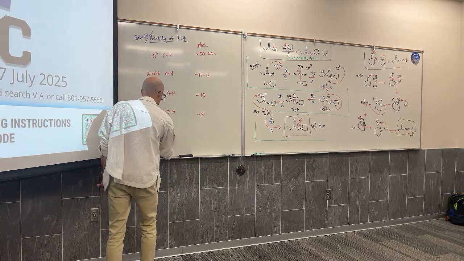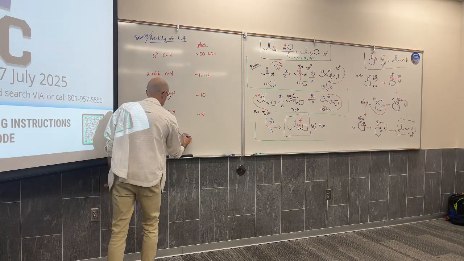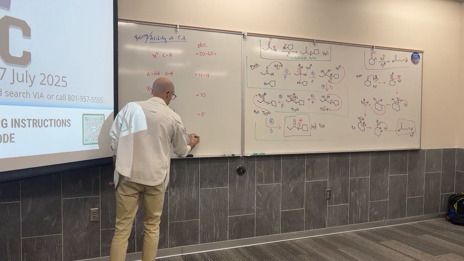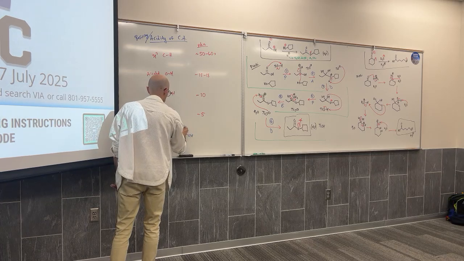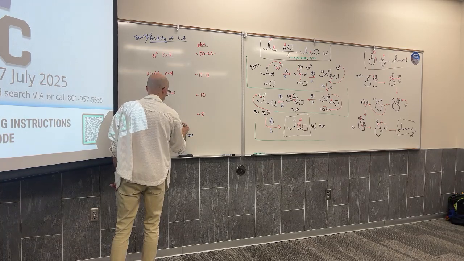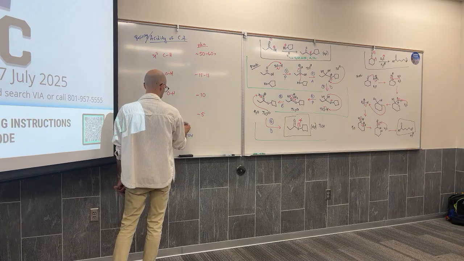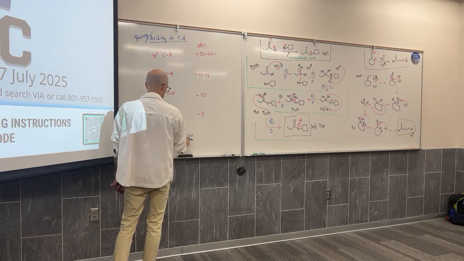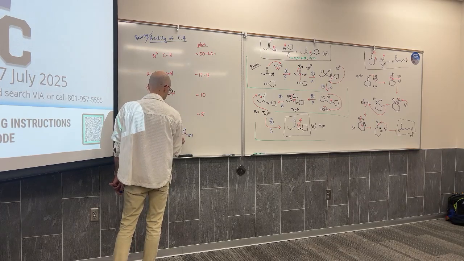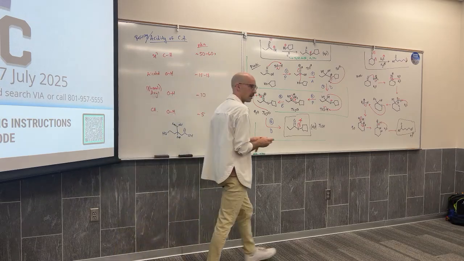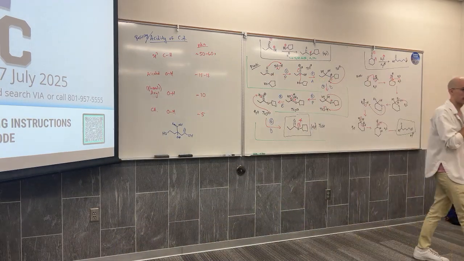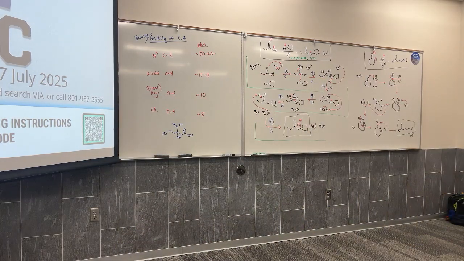On my OChem 1 exam this semester, I gave them a bonus problem to look at citric acid and predict which of them has the lowest pKa.